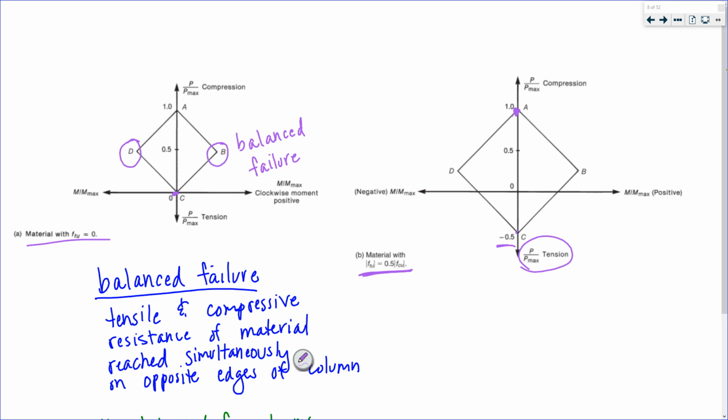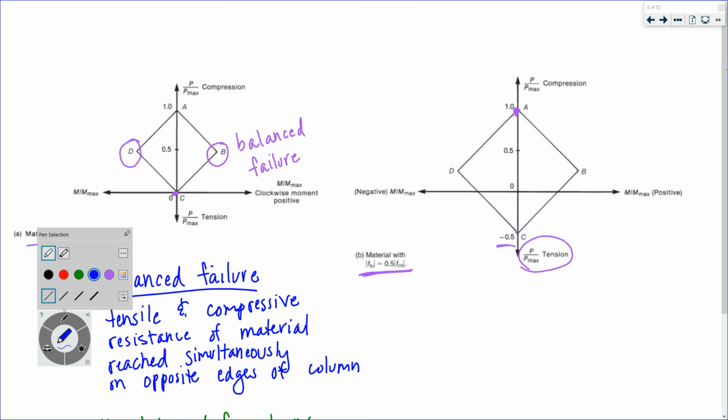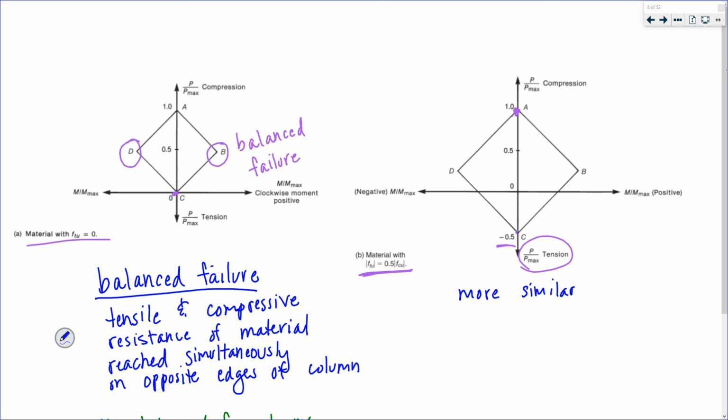This right here on the right side is more similar to concrete, where we have some tensile strength, but it's much lower.